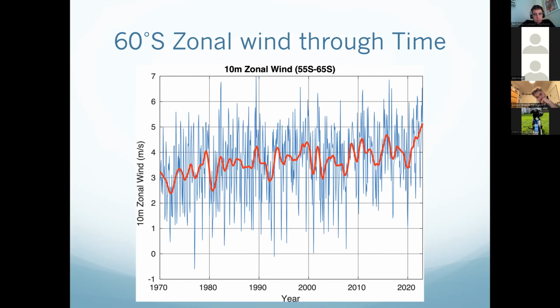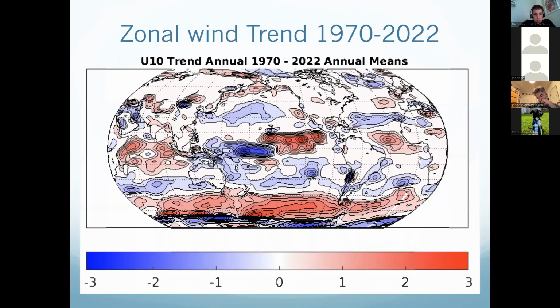This is the wind at 10 meters. So going from 3 to 5 is probably a pretty big deal in terms of wind stress, et cetera. So I think this continues to be a very, very interesting problem that we need to try to figure out. It's a very interesting ocean atmosphere coupled phenomenon.